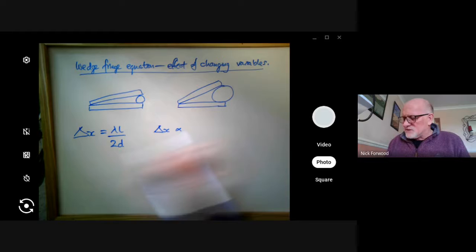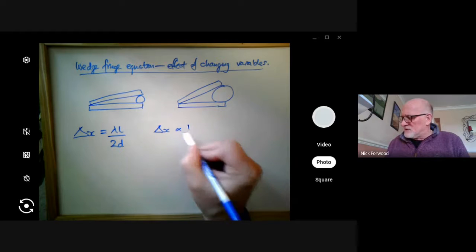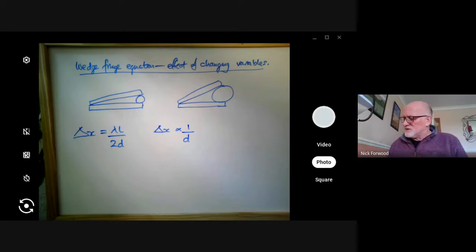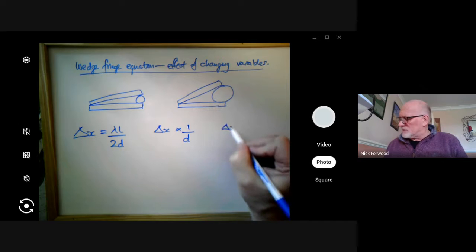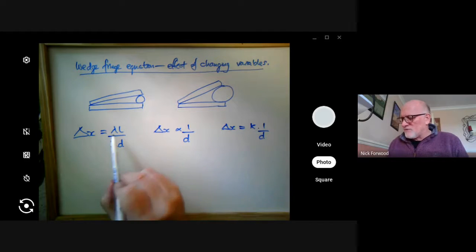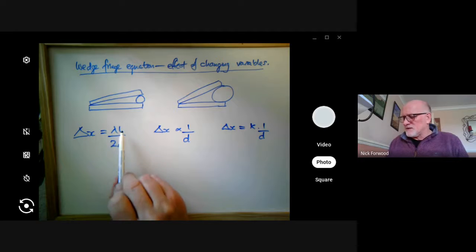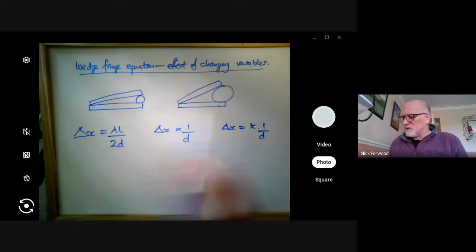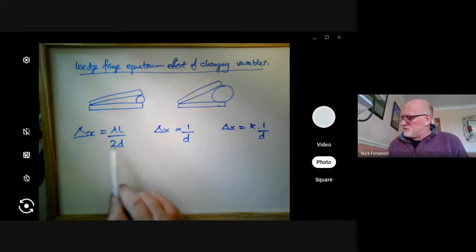Then all we've got to look at is how that varies as D varies. If you wanted to, you could make this equal to a constant times 1 over D, where that constant is just the wavelength staying the same, the length staying the same. It's supposed to be the same length in each diagram. Obviously 2 stays the same.